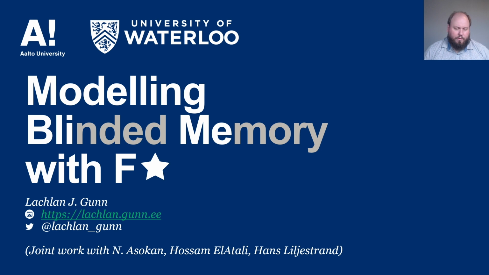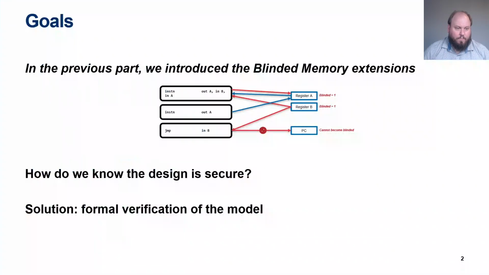And this is the spirit with which I want to enter into this, to show that even if you're not necessarily a dedicated formal verification enthusiast, you can still use tools like F* to try to prove things that are important to you. In this case, to prove that our model of the blinded memory hardware provides some security properties that we need.